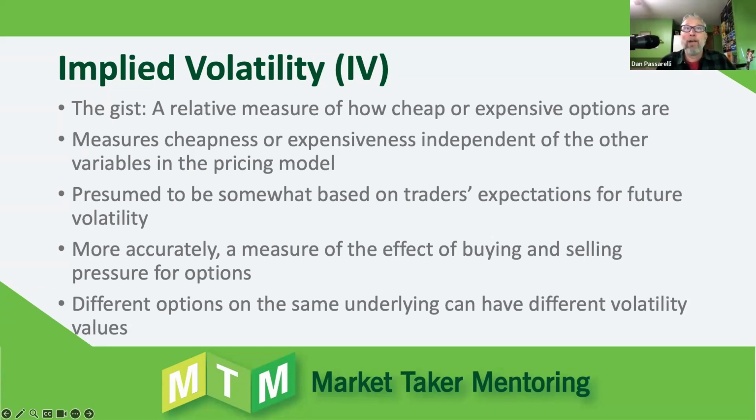That is implied volatility. Now, if the price goes up or down because of demand or supply, respectively, we presume that to be somewhat based on the traders' expectation for future volatility, which kind of makes a little bit of sense and is a little bit true.